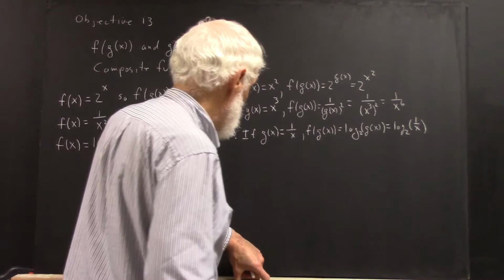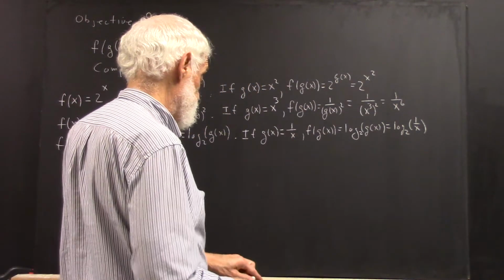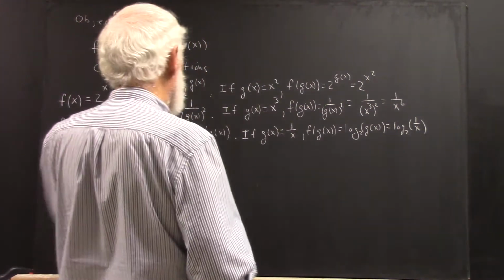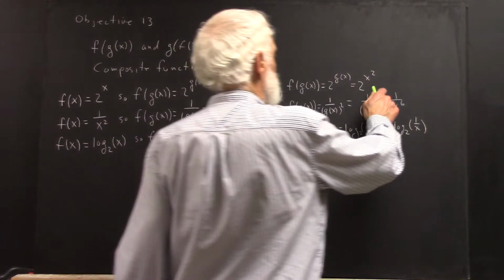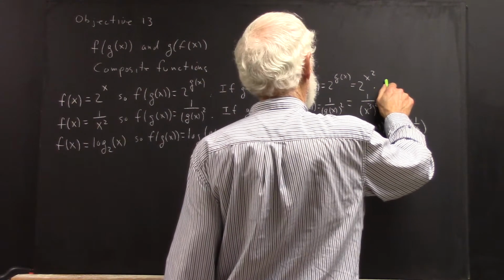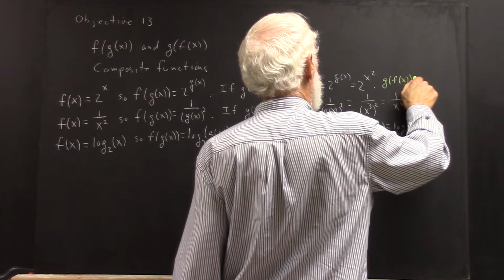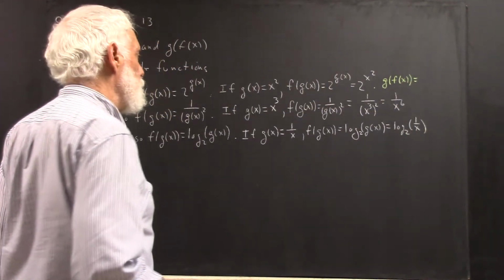I'm just going to write down what g of f of x is. Might wave my hands and explain it a little bit, but okay, so for this one, g of f of x equals what?